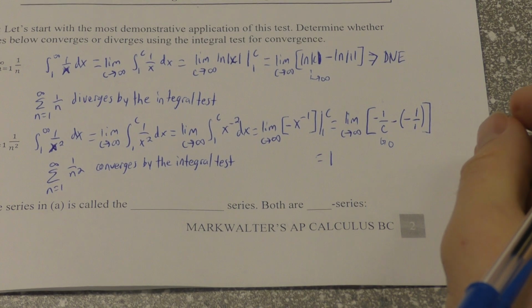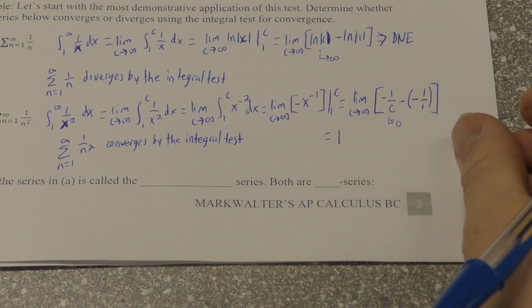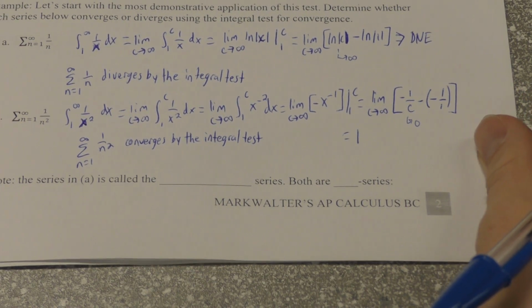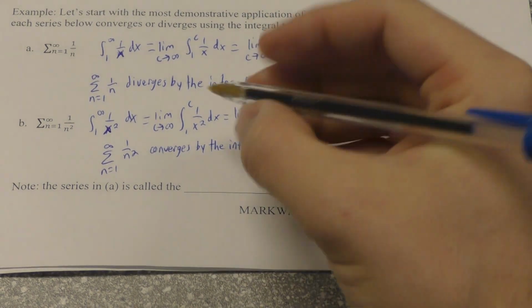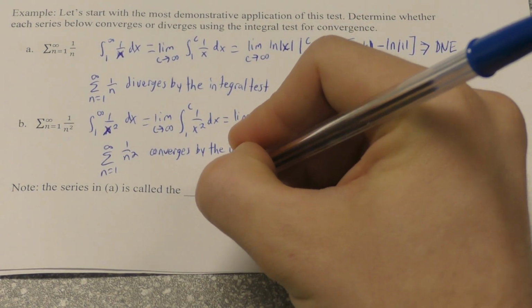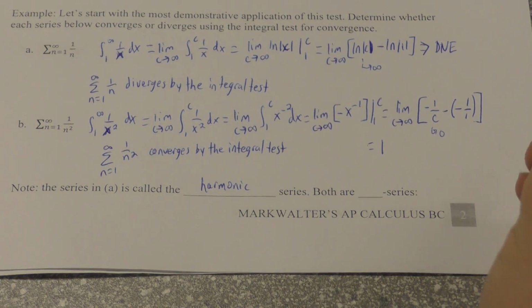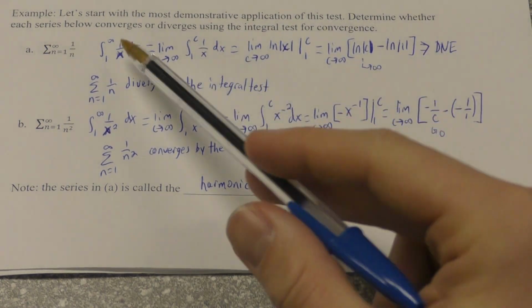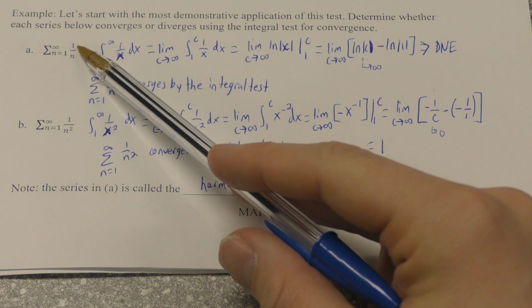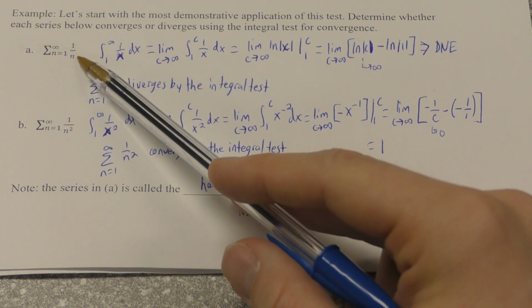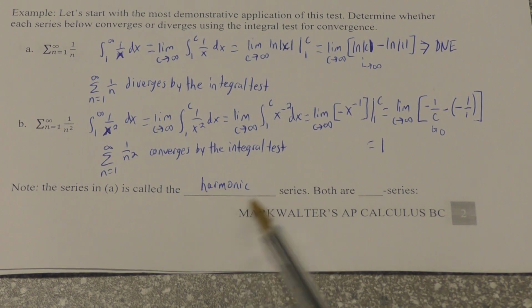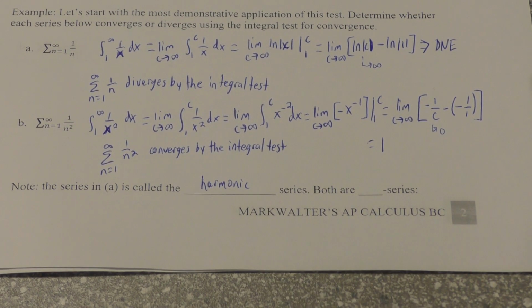All right. Cool. As a special note, we'll get to these a little more later. The series in A, 1 over n, is what we call the harmonic series. It's an incredibly useful series. It comes up a lot because essentially we are dividing by the next term, 1 divided by the next term every time, and so we have some special things to talk about with that one later.